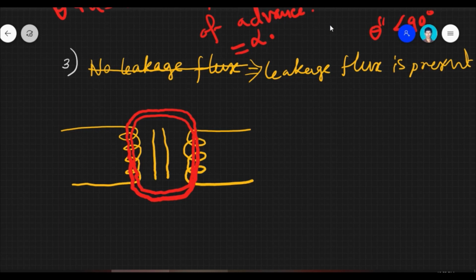Now, in case that leakage flux is there. So what is leakage flux? A leakage flux is like this. It starts somewhere but doesn't link the other one.